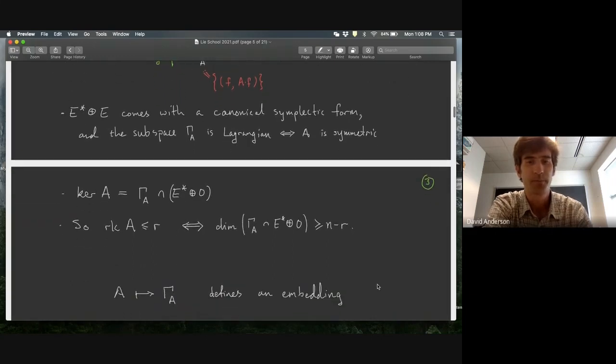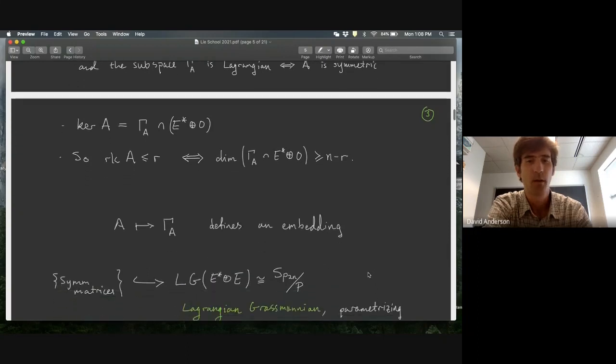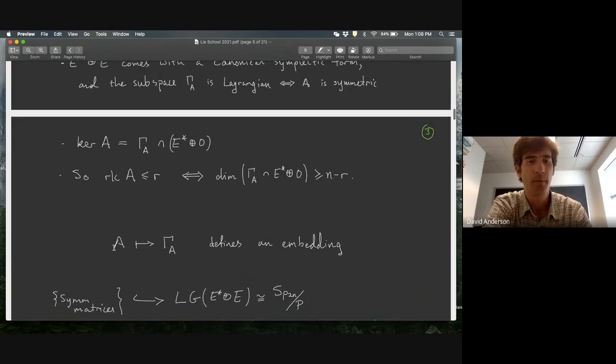The upshot of this is that the map associating a graph to a symmetric matrix defines an embedding of symmetric matrices in Lagrangian subspaces of this particular space.